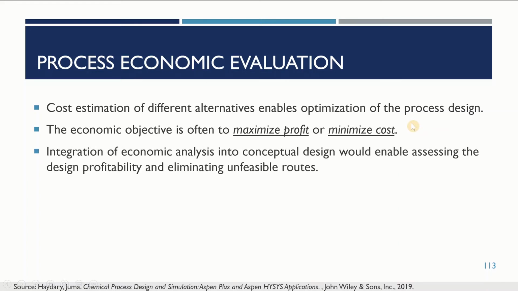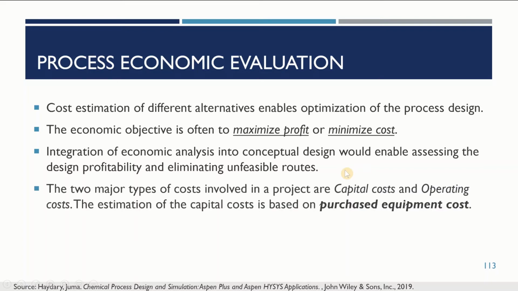The integration of the economic analysis into conceptual design enables assessing the design's profitability and eliminating unfeasible routes in early stages. The two major types of cost involved in the project are capital cost and operating costs. Usually, the estimation of the capital cost is based on the purchased equipment cost.